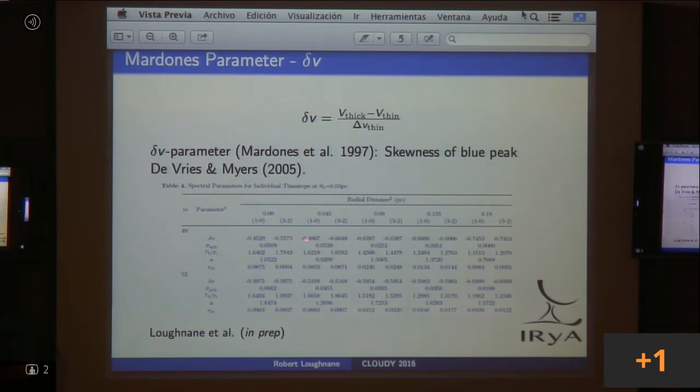They're close to what you would expect for a high density infalling core, a prestellar core. A core can only be considered to be infalling or in a state of collapse if the Mardones parameter is greater than 0.25. And in all cases, for the two time steps we're considering here, we have magnitudes of delta V greater than 0.25.